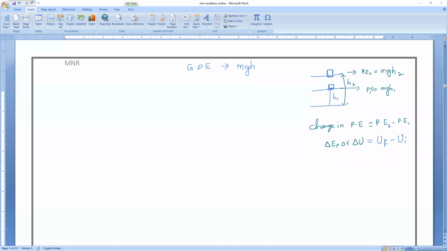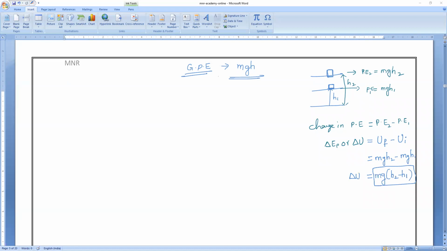So UF means mgh2, minus UI means mgh1, which is equal to mg common, so the formula will come as mg(h2 minus h1). That is what is called the change in gravitational potential energy.